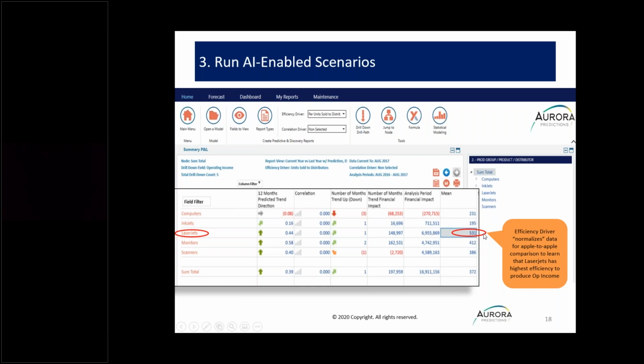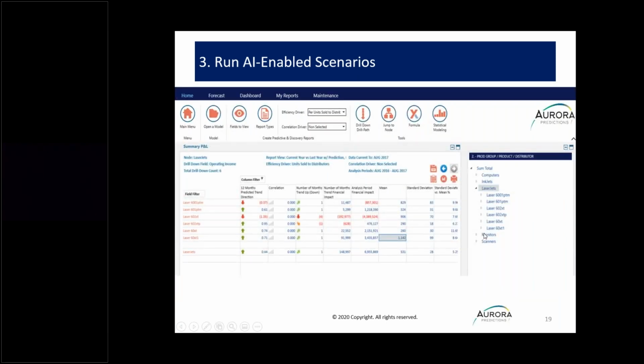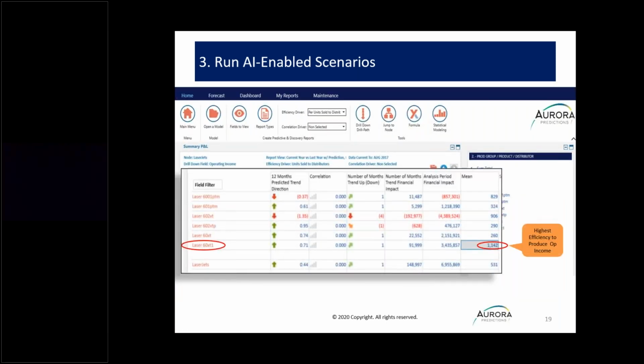But again, not all LaserJets are created equally. So we're going to drill down into LaserJets. And what we're going to see, and let's blow this up, is that the Laser 60XT1 generates by far the highest operating income per unit sold.